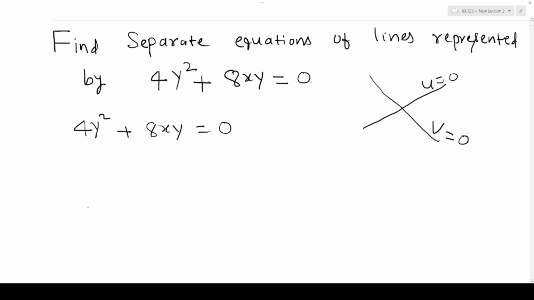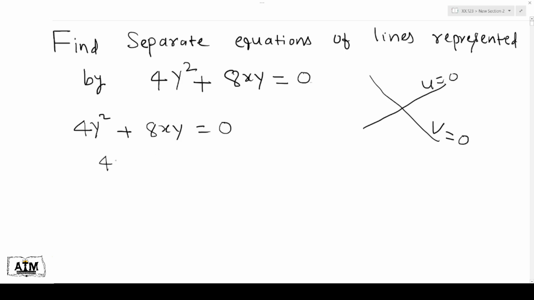Whenever they ask you to find separate equations, first of all, think of simple algebra. By using simple algebra, you can easily get factors, and after getting the factors, you will get the two equations. So here 4y square plus 8xy equals 0.